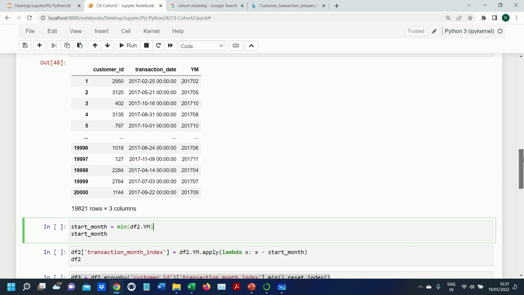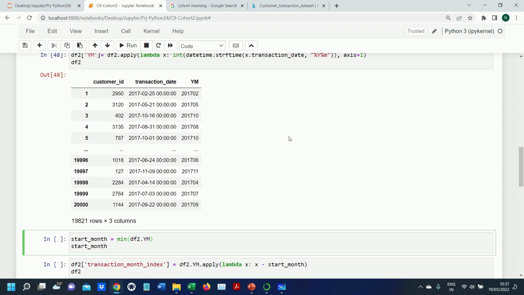Now what is the start month? This appears to be a long integer, so let me shorten this and give a unique digit for each month, so it is easier for us to analyze. Let me subtract the initial month from each of these values, so that we get a single digit index for each month.